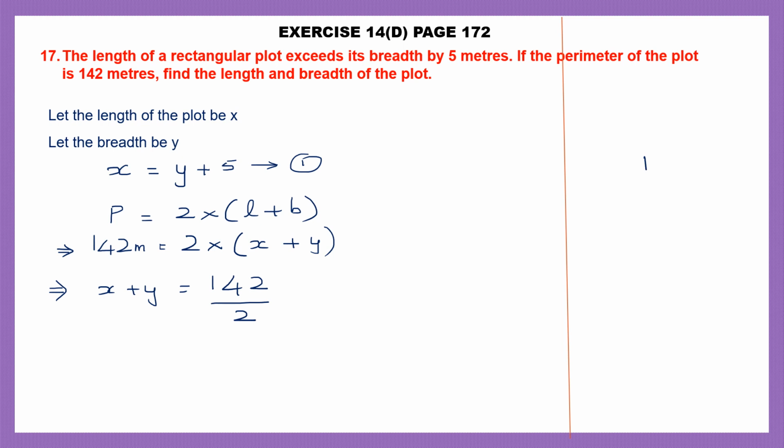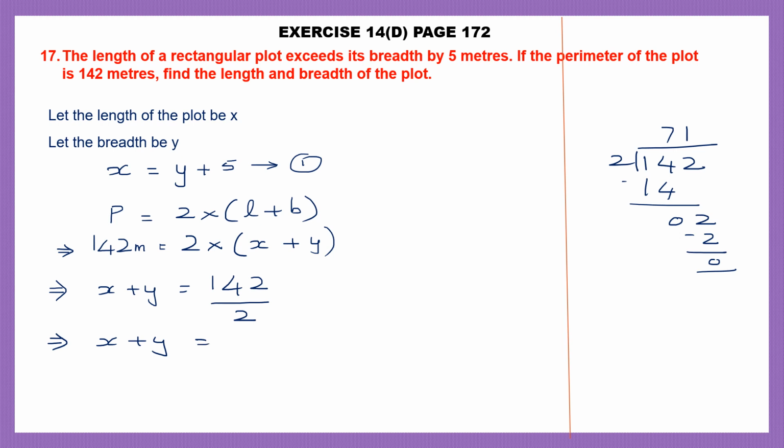Let's do that division. Divided by 2, 2 sevens are 14 minus 2, 2 ones are 2. So we've got 71. That means x plus y is equal to 71. This is our second equation.